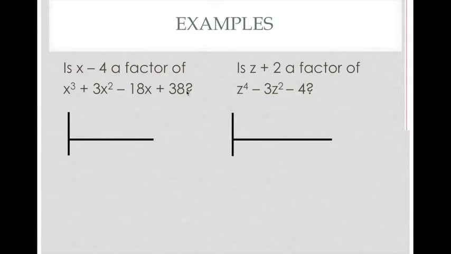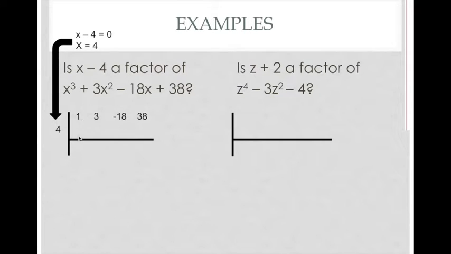The first thing I need to do is put each one of my coefficients inside my synthetic division box. So 1, 3, -18, and 38. Then I need to set my x minus 4 equal to 0, so 4 goes on the outside of my synthetic division box.